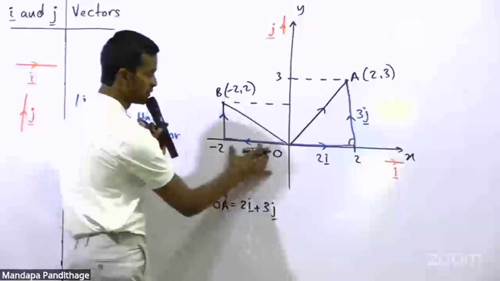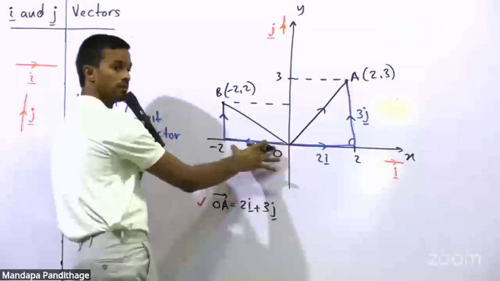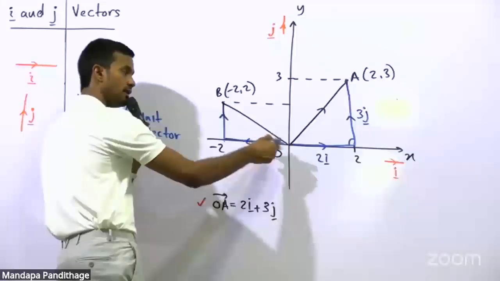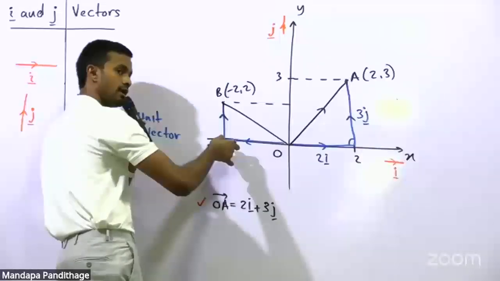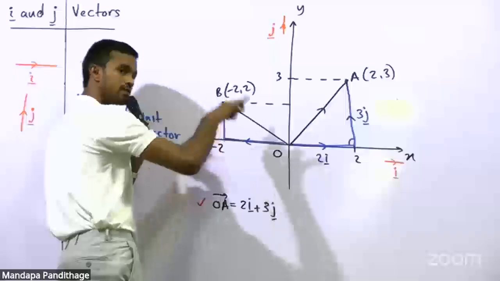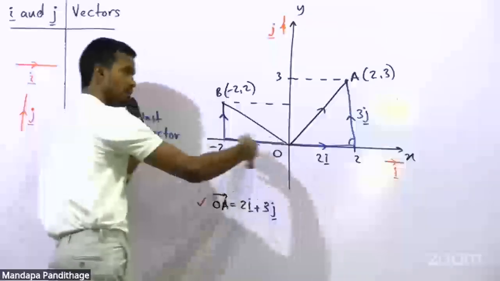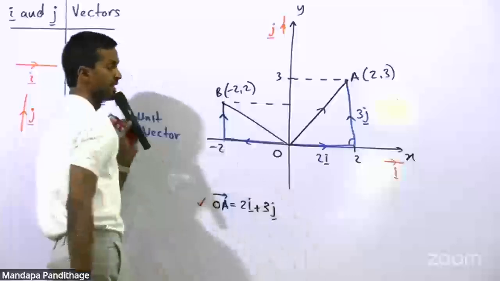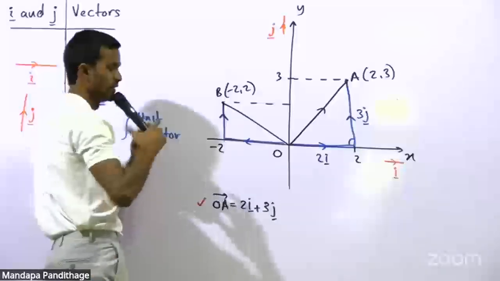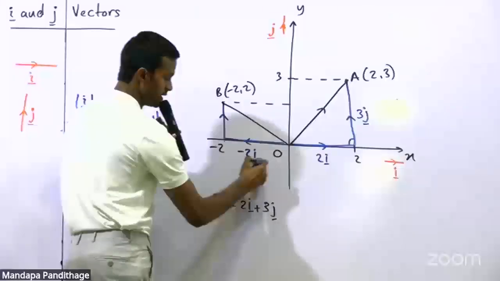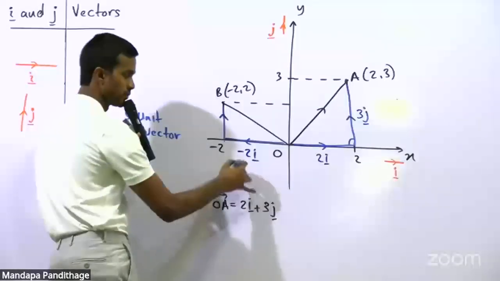So the modulus or the magnitude here is 2. But now tell me, what is the unit vector in this direction? It's not I. I is the unit vector in this direction. So what is the unit vector in this direction? It's minus I. That's how you get minus 2I.